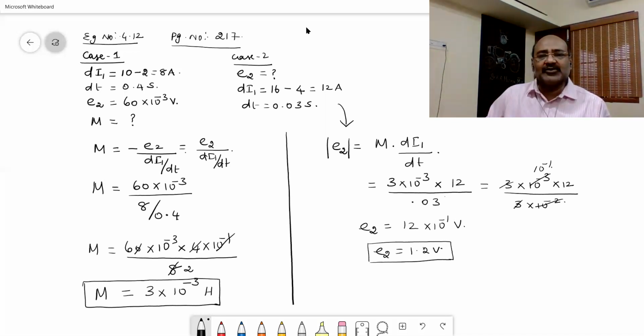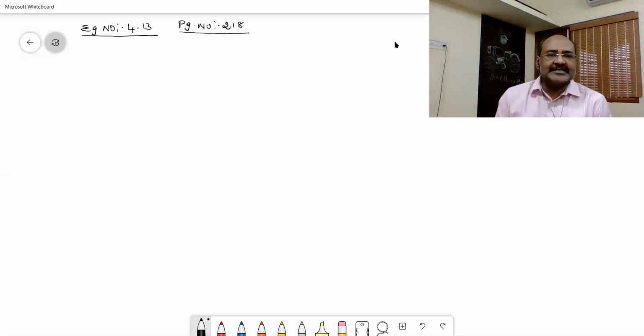Okay, let us move on to the next one, problem number 4.13. Let us go with problem number 4.13, available on page number 218. Follow me. Consider two coplanar coaxial circular coils A and B as shown in the figure.